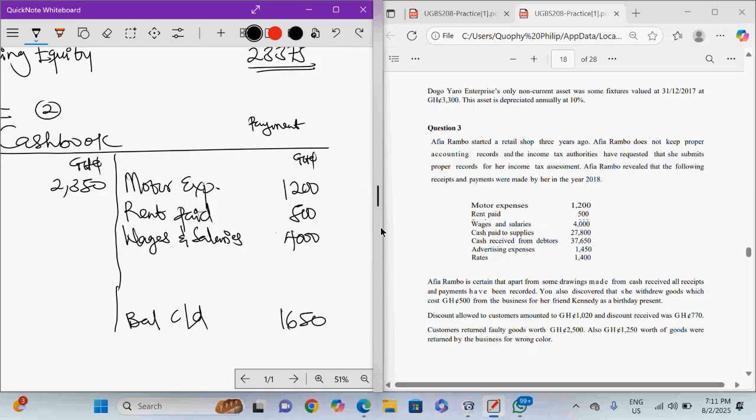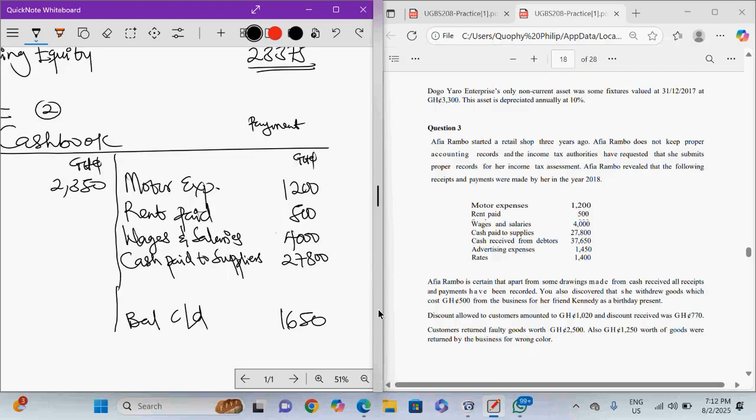Cash paid to suppliers, that is how much? 27,800. Then cash received from debtors.